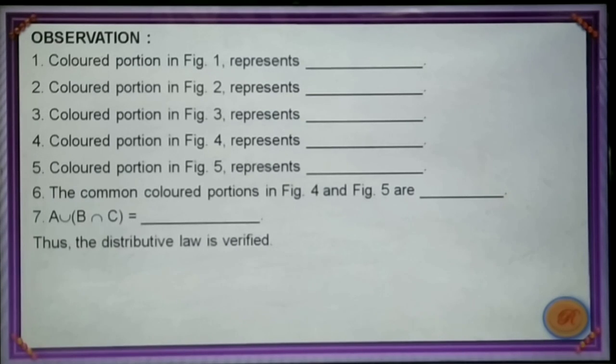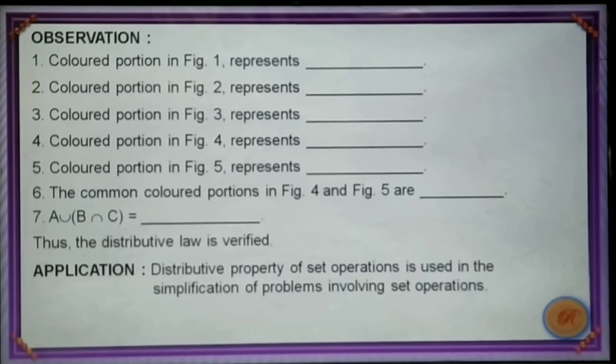Colored portion in Figure 5 represents dash. The common colored portion in Figure 4 and 5 are A union (B intersection C) is equal to dash. Thus, the distributive law is verified.